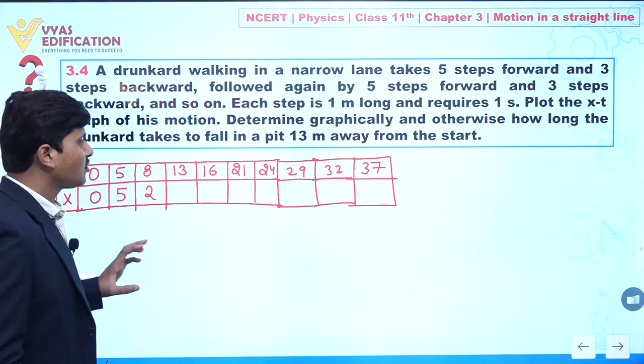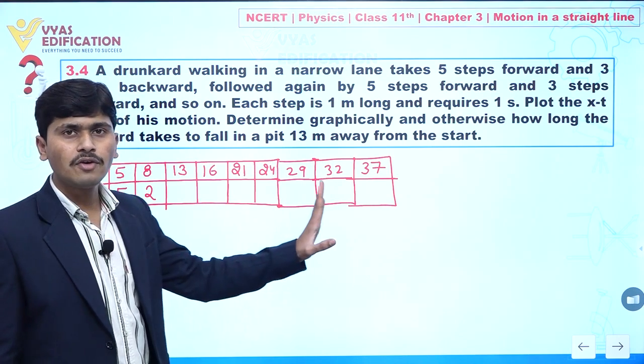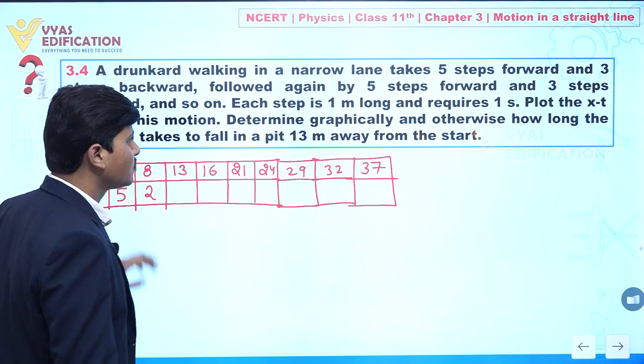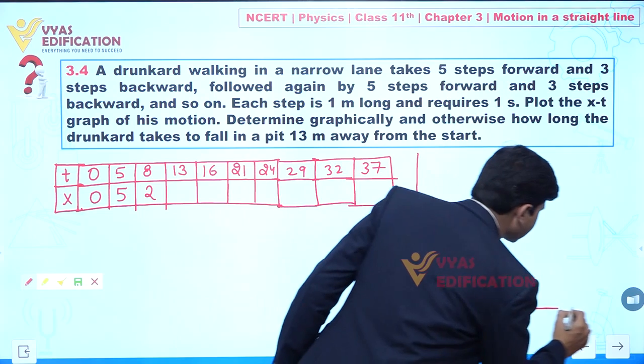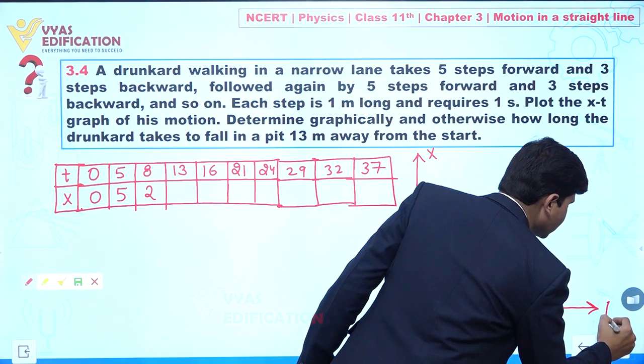But let us try to write the value of x. At time t equals 0, we have x equals 0. Clear? So how can we draw a graph? I am drawing a graph simultaneously. Let's suppose this is x and this is time t.